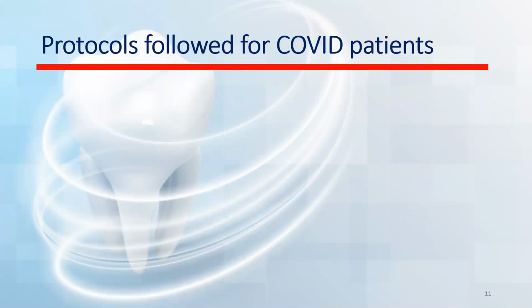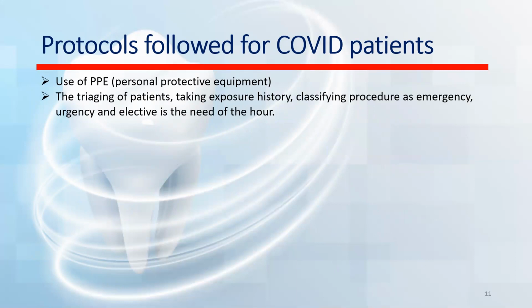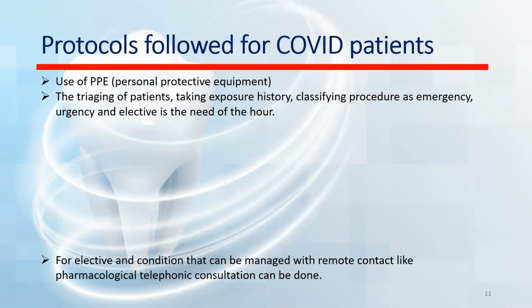Some protocols followed for COVID patients are, first, use of PPE, that is personal protective equipment. The triaging of patients, taking exposure history, and classifying procedures as emergency, urgency, and elective is the need of the hour.